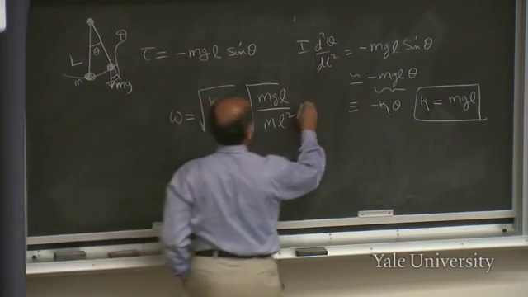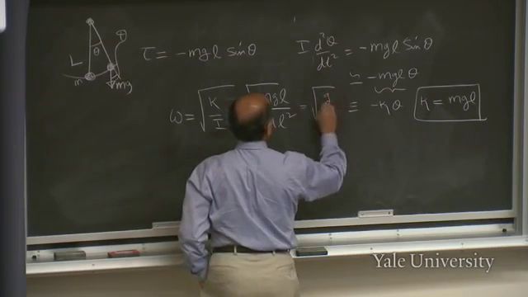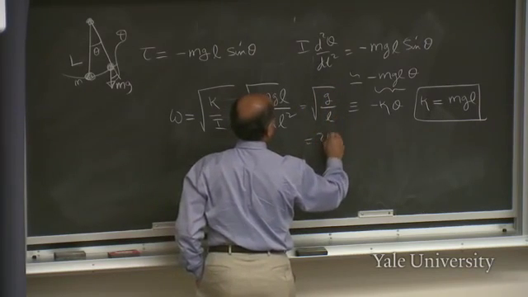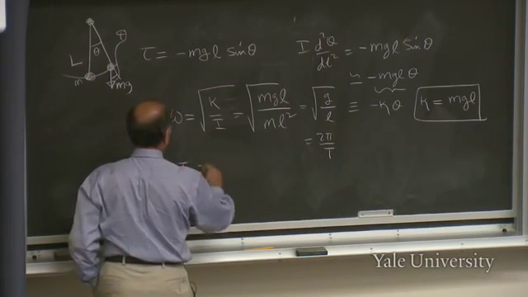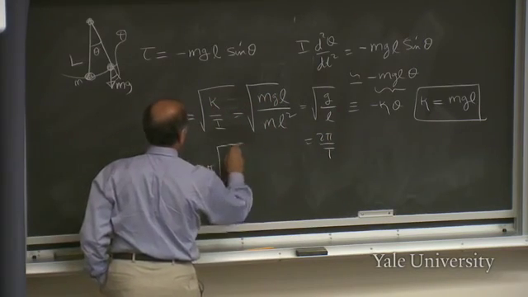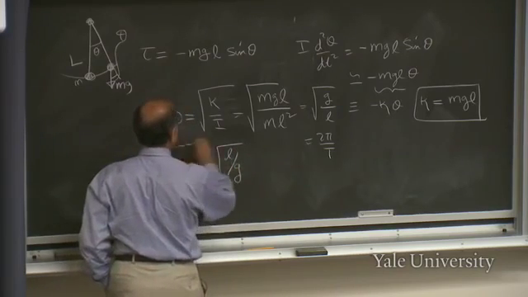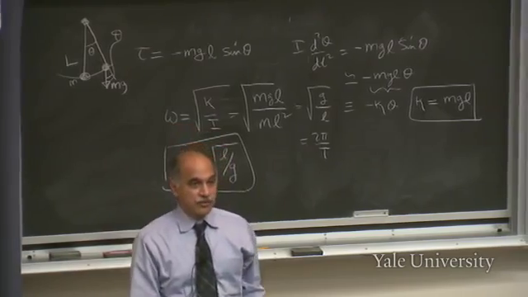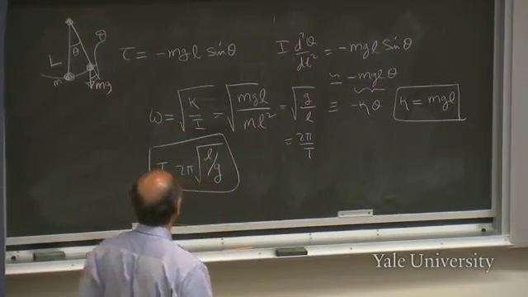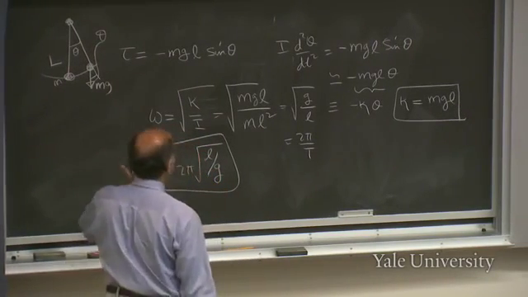So you find omega is equal to square root of g over L, and that is 2 pi over T. So you get back the famous formula you learned. T is 2 pi square root of L over g. This is the origin of the formula you learned in school. It comes from small oscillations of a pendulum.